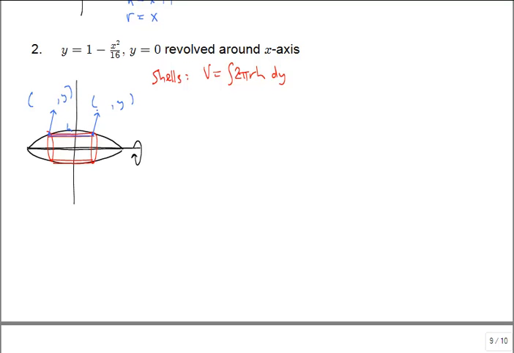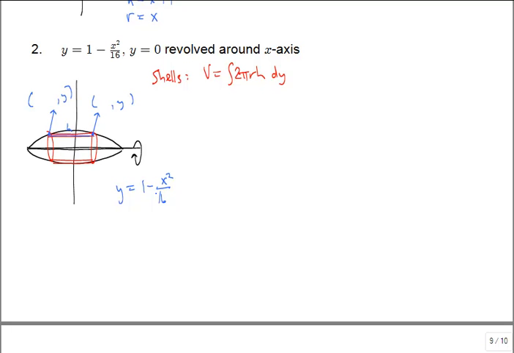So I need to figure out what the x's are. And that's one of the difficulties of doing this problem with the shell method, because to find out what those x's are, it's not obvious and you have to do a little bit of work. So that might be something to sway you to try a different method instead. It is doable. If your curve is y equals 1 minus x squared over 16, we can solve this for x.